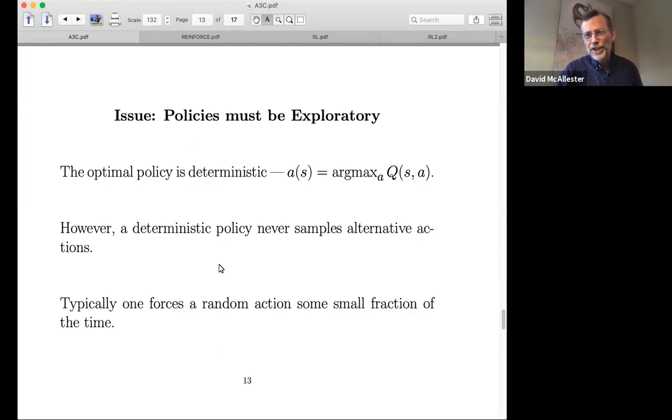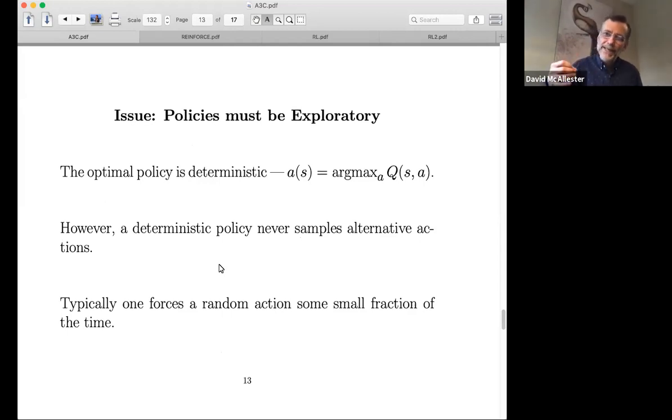Okay, what are the issues of the policy gradient methods? They're fundamentally relying on non-determinism, exploration in the policy. It's important that the policies be stochastic so that the gradients are meaningful when you take the policy gradient.